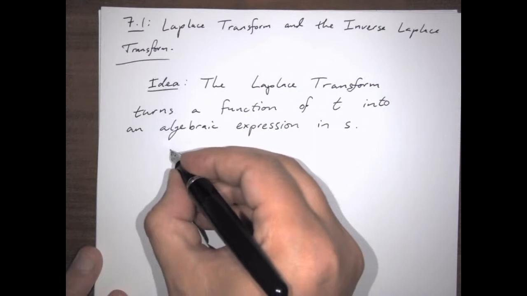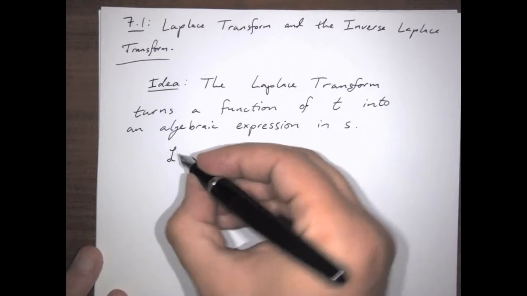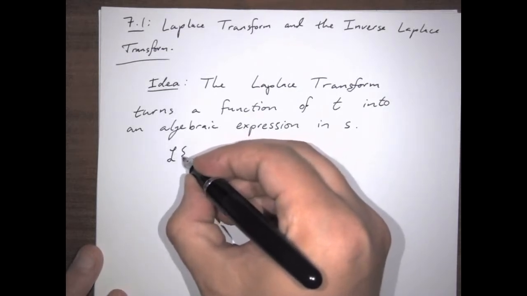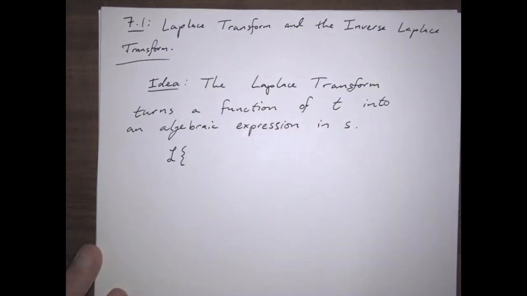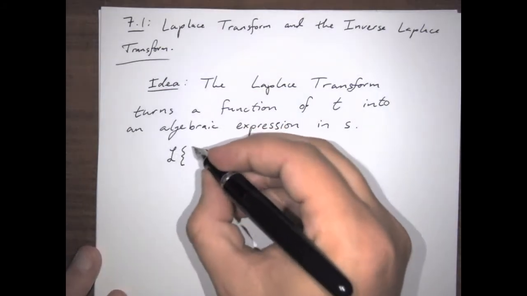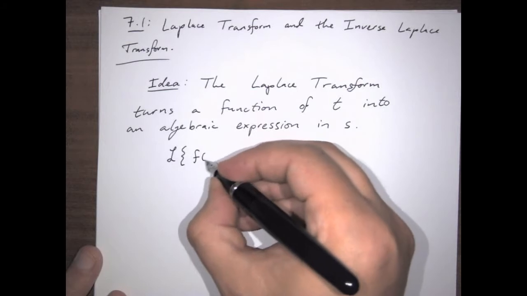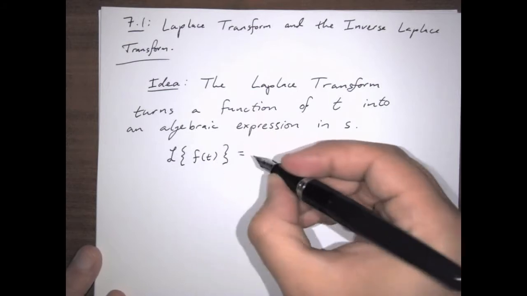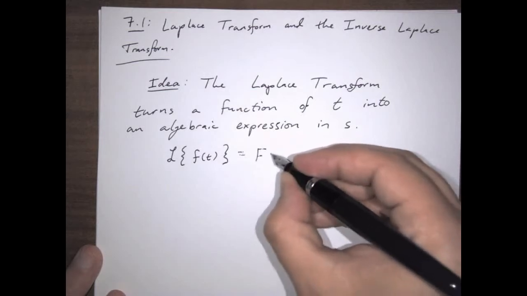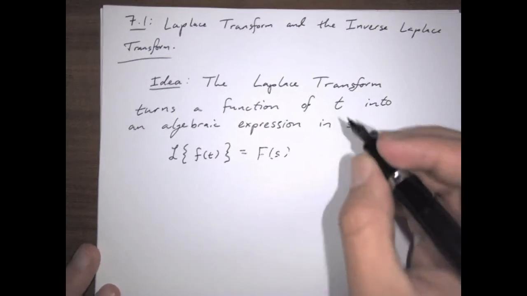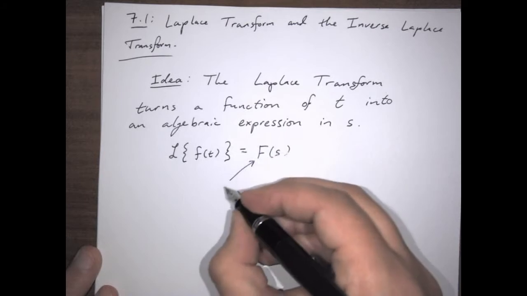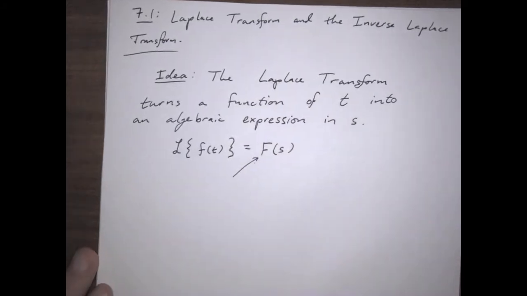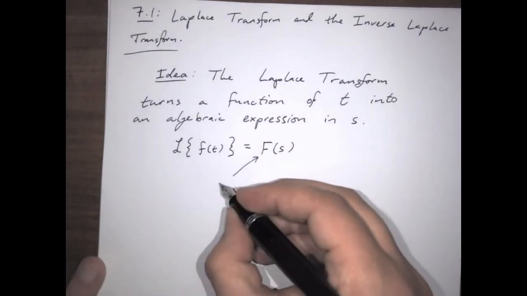The way we write it is the Laplace transform, and it uses a brace, kind of like the set brace, rather than parentheses. This will be F of s, which represents the Laplace transform of f, not just the antiderivative.